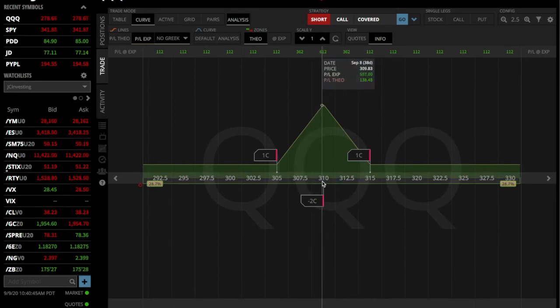So what's the likelihood that the 310 strike is going to be pinned exactly? That's not very high, but we've created a $10 wide profit area here.